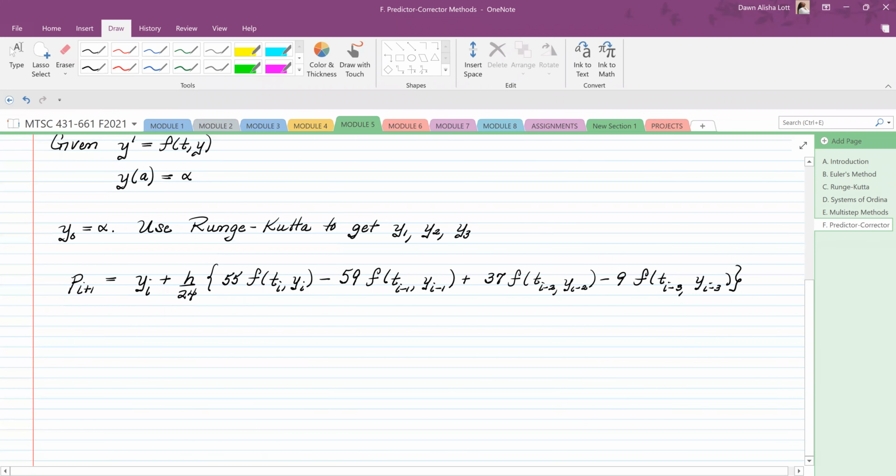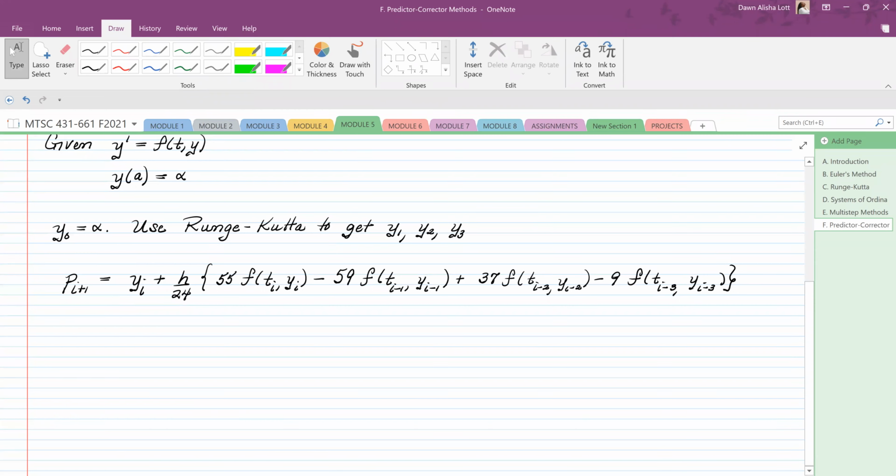If I was just using Adams-Bashforth, that would be y_{i+1}. But instead, we're going to let it be a predictor, and then put it back into the y_{i+1}. So now y_{i+1} is going to be y_i.